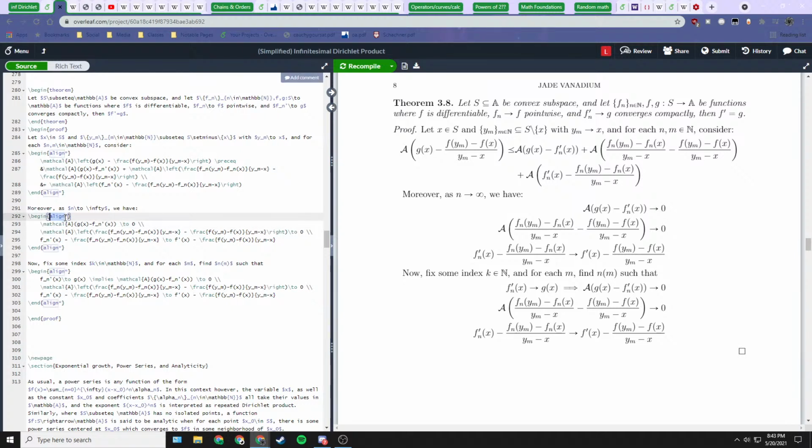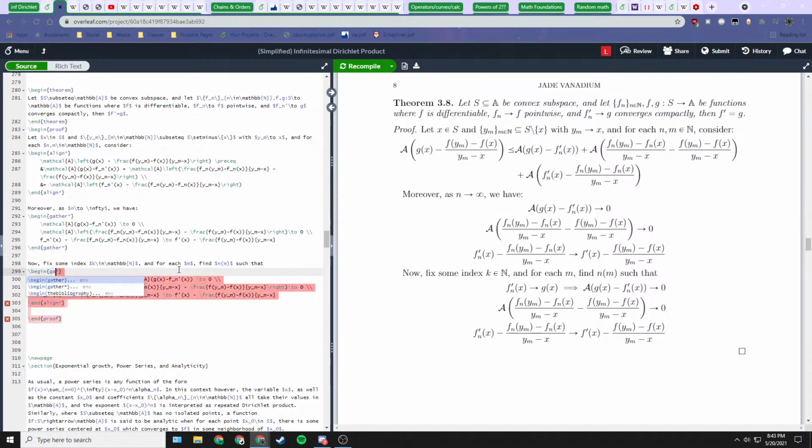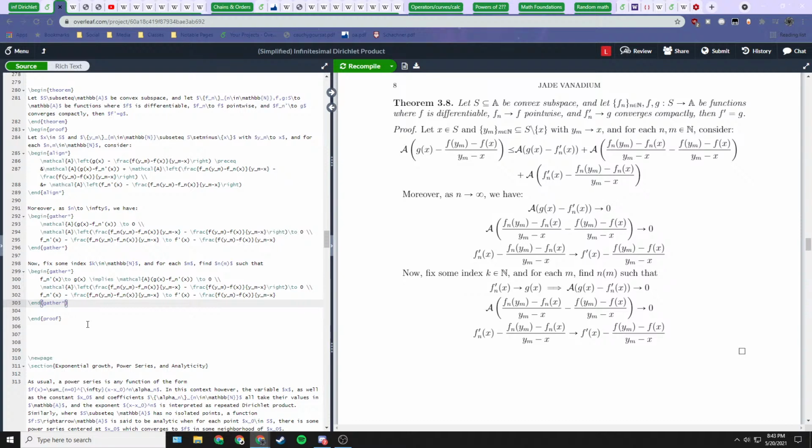Let's also turn this into a gather. Okay, so we want to have this projection less than 1 over m. So instead of n, we'll have n of m.